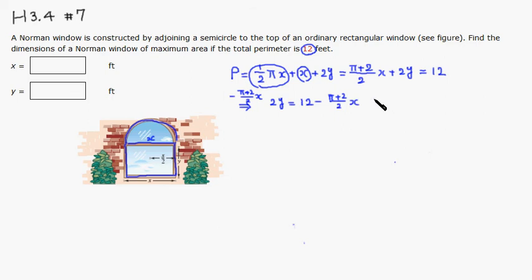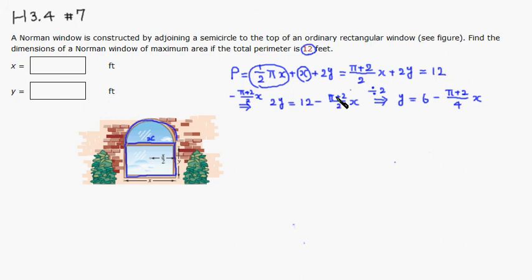Then we can just isolate y by dividing through by 2. We have y is equal to 6 minus (pi plus 2) all over 4 x.